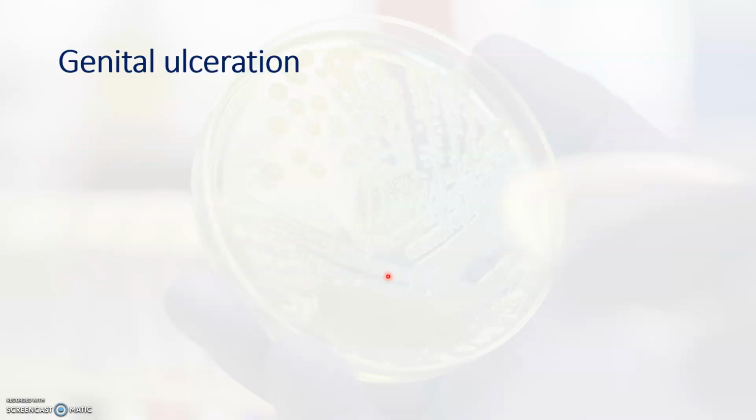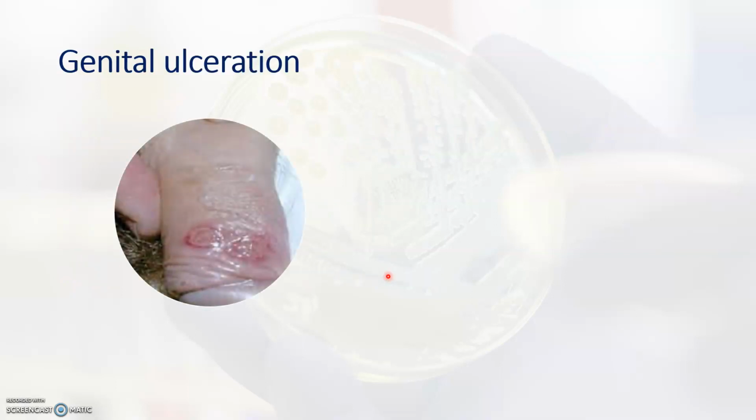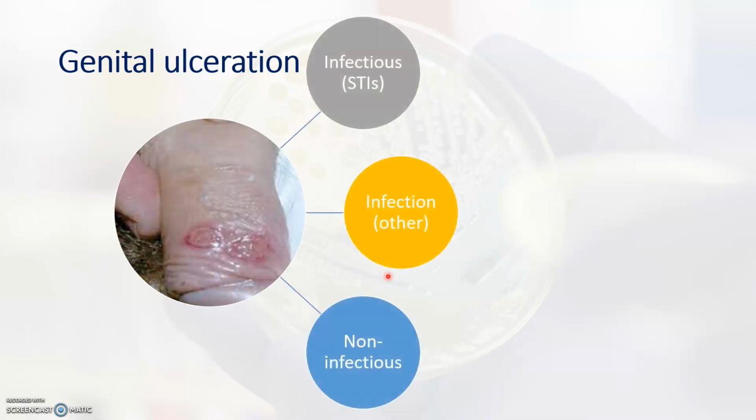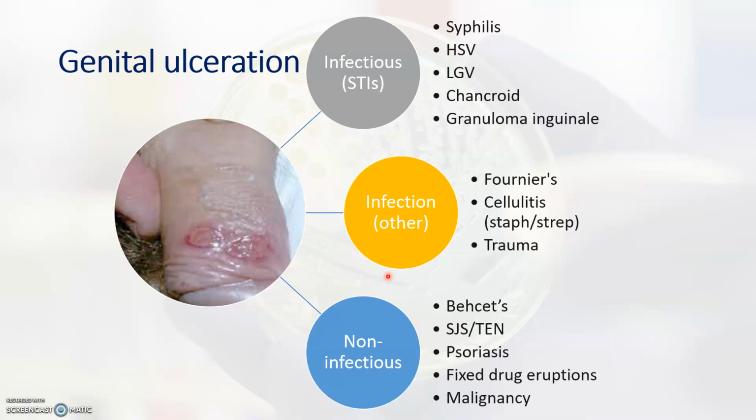Okay, so as with discharge, genital ulceration can be due to sexually transmitted infections, other infections, or non-infectious causes. The list above shows the common sexually transmitted infections causing ulcers. Just as an aside, you need to know a little bit about each of these infections for your exam.